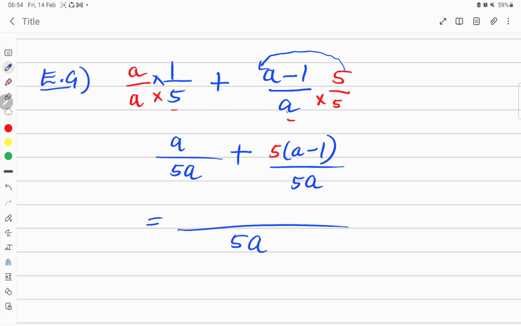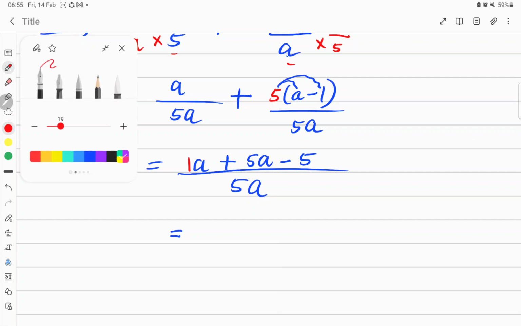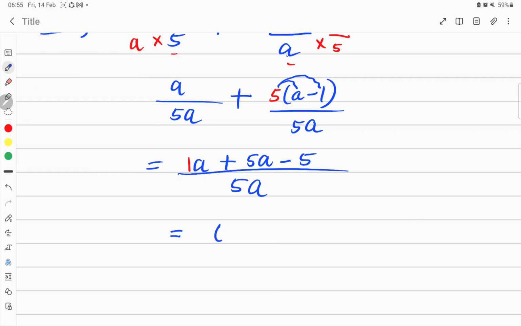Then from there you say a plus 5 times a will give you 5a. 5 times negative 1 will give you negative 5. Then the like terms, this is like 1, remember, 1 plus 5 is 6. So you're going to have 6a minus 5 over 5a. Then you are done. You don't do anything, you are done.